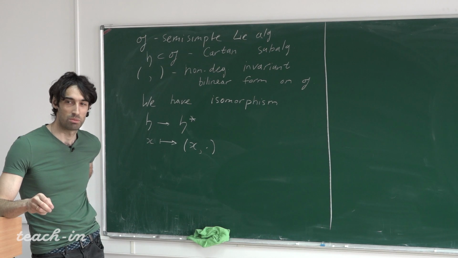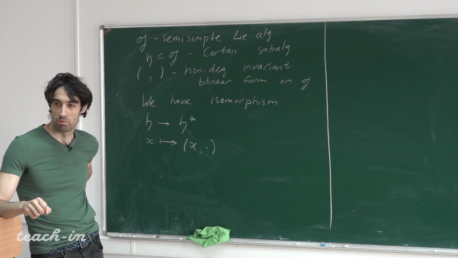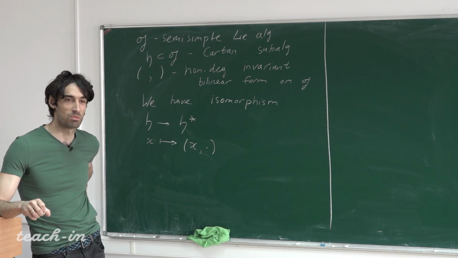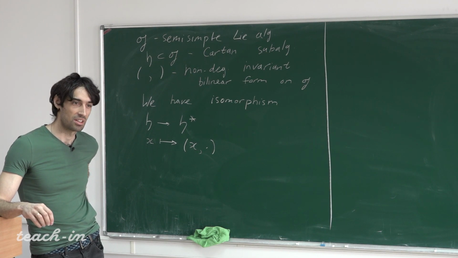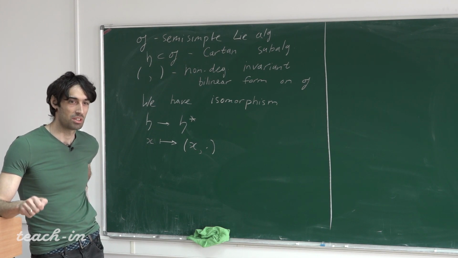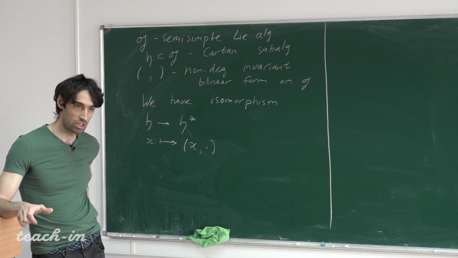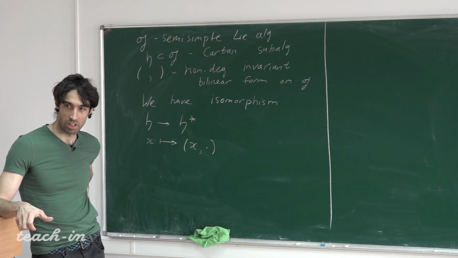Because we said that the form is non-degenerate, right? But I said this isomorphism is from H to H star, not from G to G star, so we also have to remember that the restriction of this form to H is also non-degenerate.